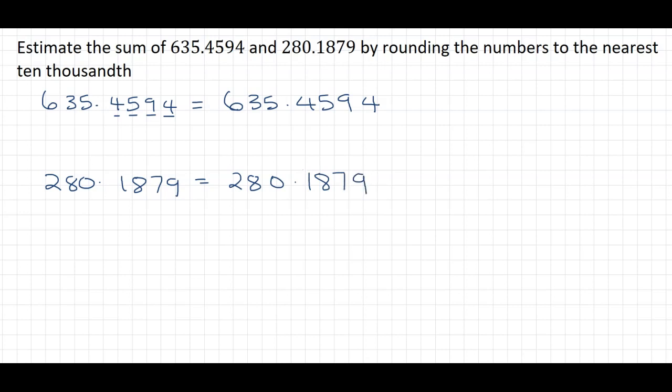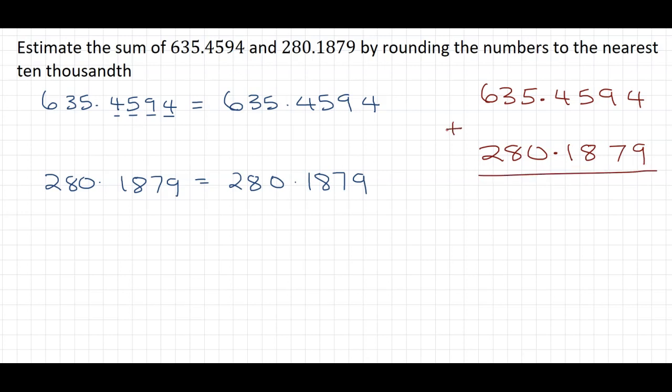So let's go ahead and add these numbers together. 635.4594. Let's make our decimal seen. And then 280.1879.